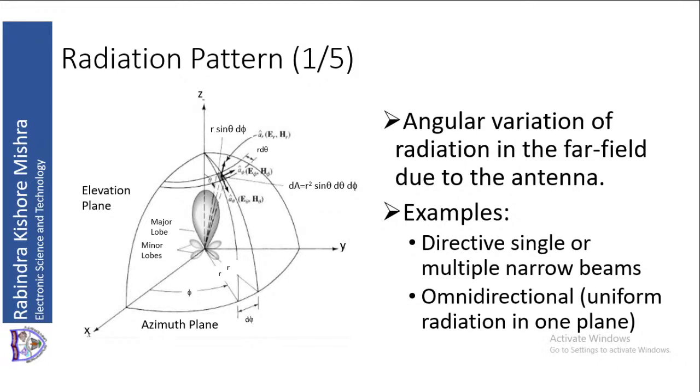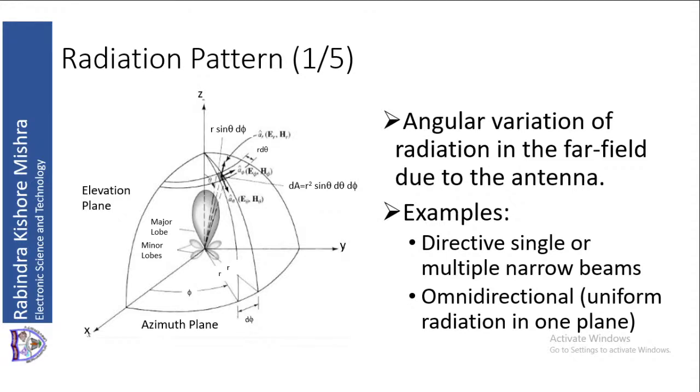Omnidirectional is the same in one plane. You take any plane, usually we take the azimuth plane, which is the XY plane. In the azimuth plane, the radiation is uniform. So uniform radiation in one plane is called the omnidirectional antenna.